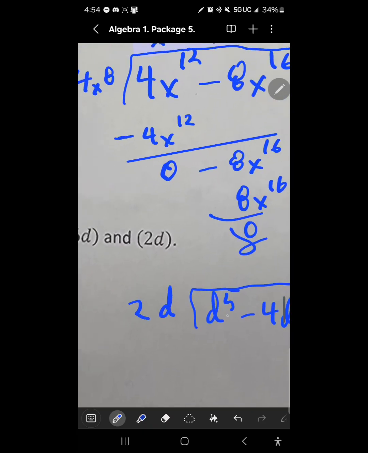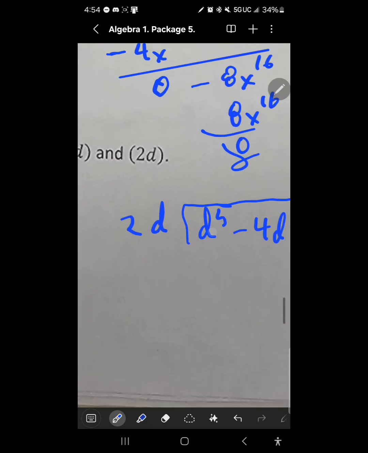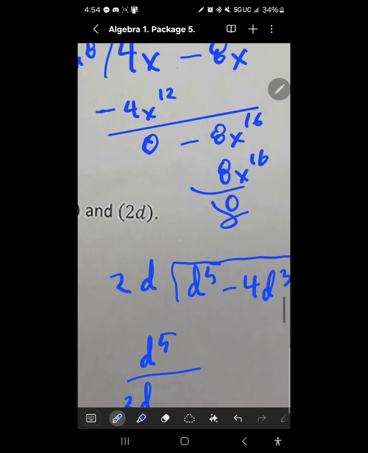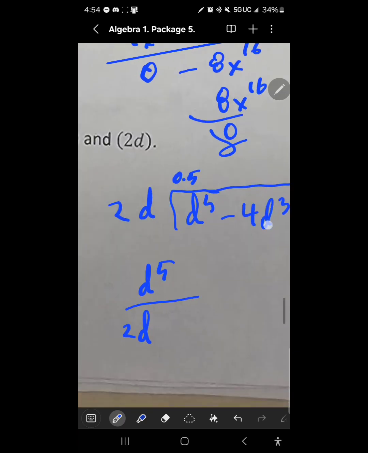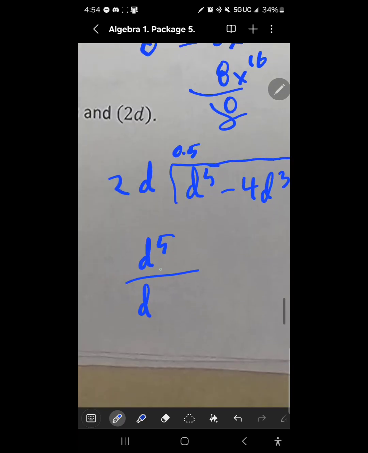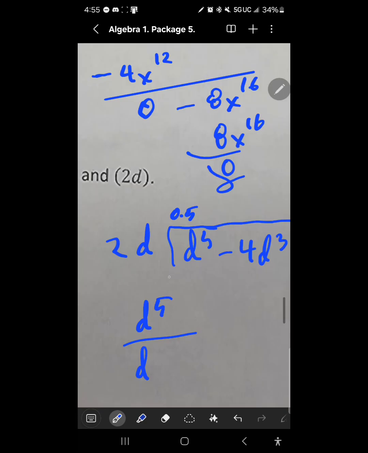First, I know that what I'm saying basically here is d^5 divided by 2d. So it's 1 divided by 2, which is 0.5, and then d divided by d. Remember, we just take the exponent at the top minus the exponent at the bottom, which in this case is 1. So it will be d^4.